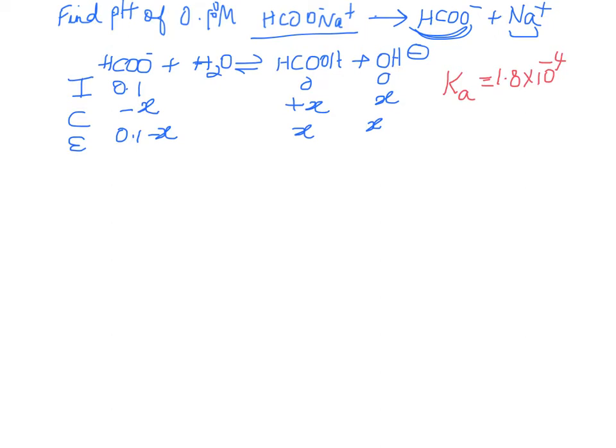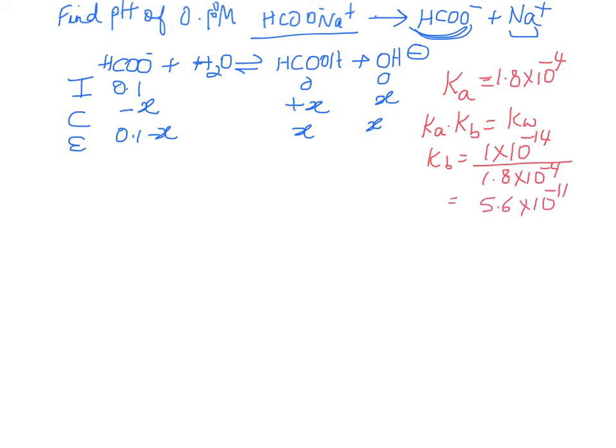So we simply use the relationship we just learned, that Ka times Kb is equal to Kw, and so Kb is going to be equal to 1 times 10 to the negative 14 divided by 1.8 times 10 to the negative 4th. So I have a value 5.6 times 10 to the negative 11, and I'm going to use that to determine the value of X. Once I know X, then I will just take a negative log of that. That'll give me pOH. I have to determine pH, so we'll go 14 minus that number. So it seems pretty straightforward.